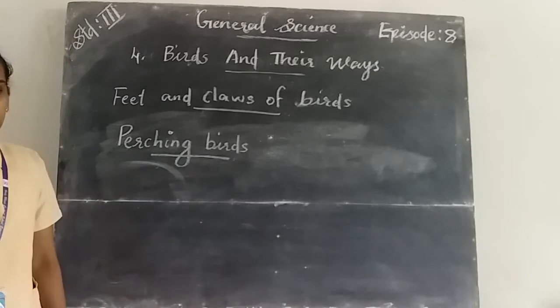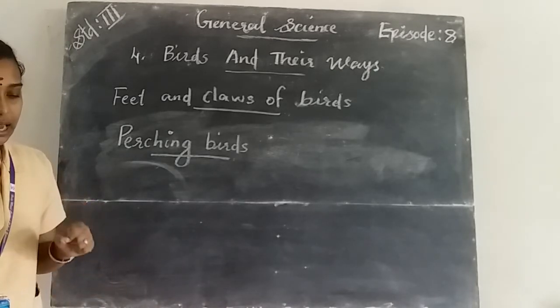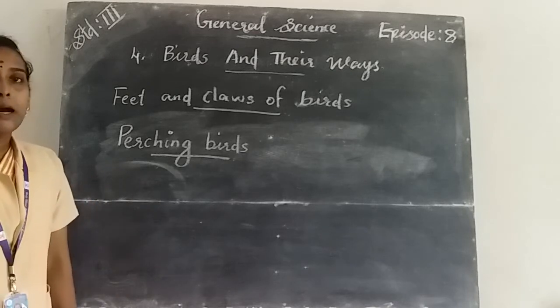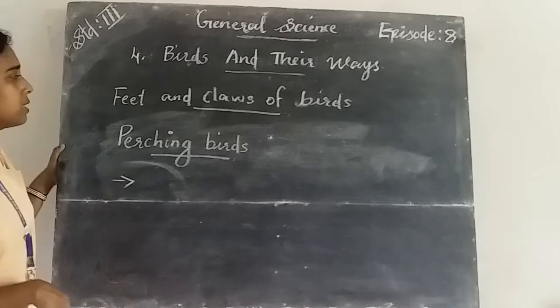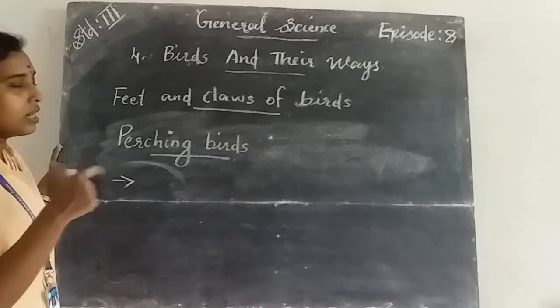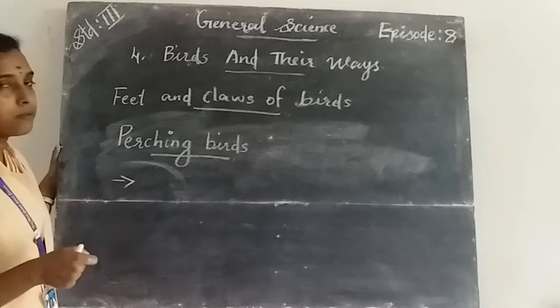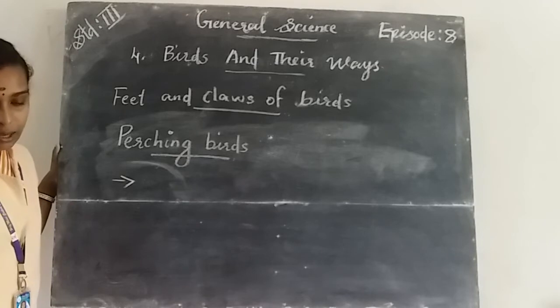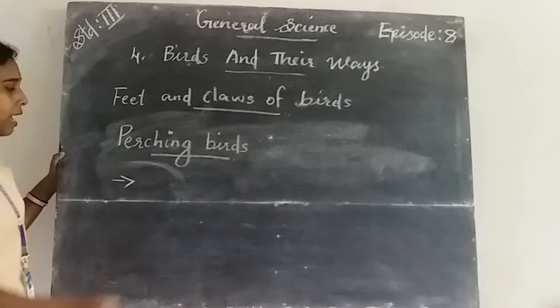These help the birds to hold on to a branch, and this is called perching. Such types of birds are called perching birds.